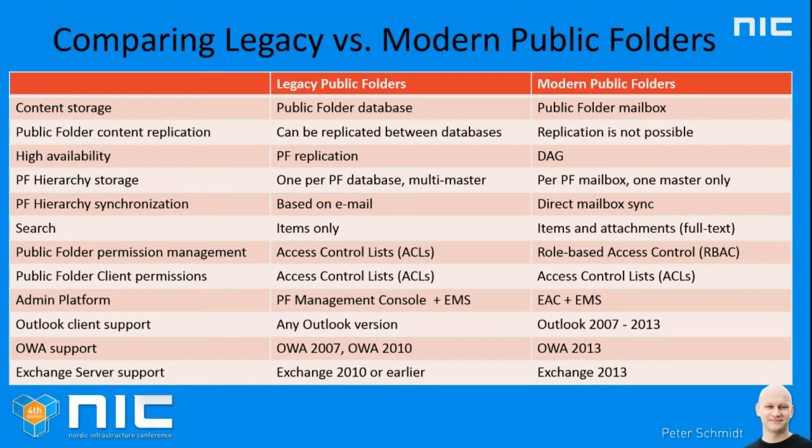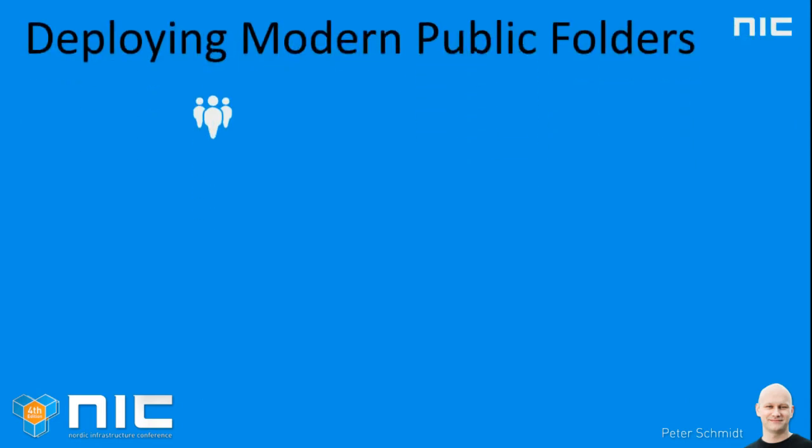Besides that, on the client side, ACLs are still the way we handle user access to public folders. The admin platform, as mentioned earlier, is based on the new admin platform with the admin control center. We can also access them through PowerShell. I think I covered the rest of the bullets.